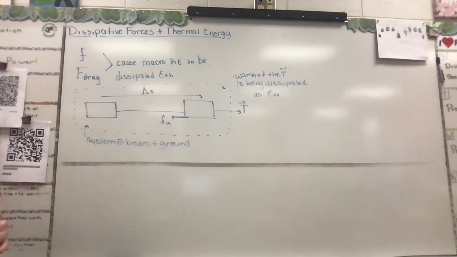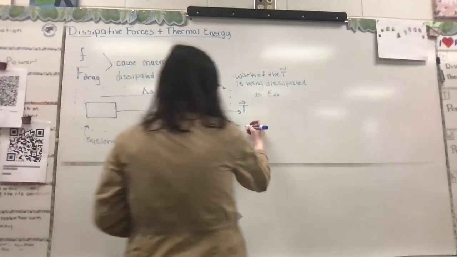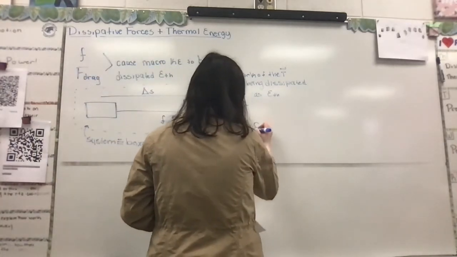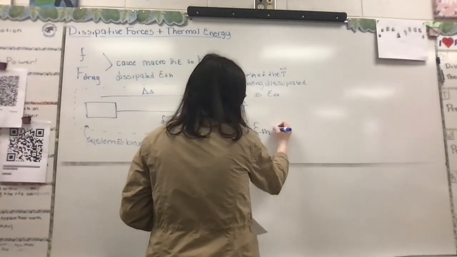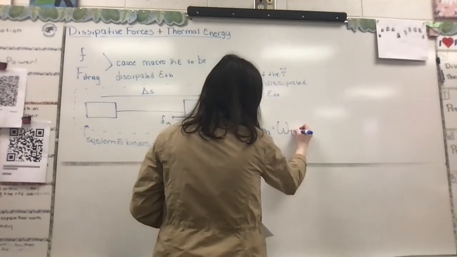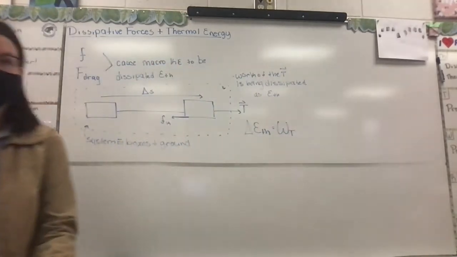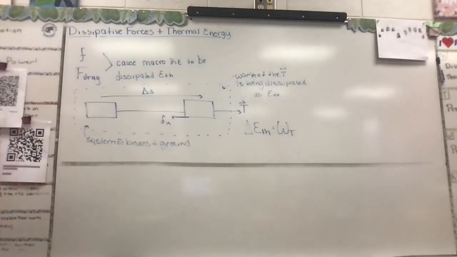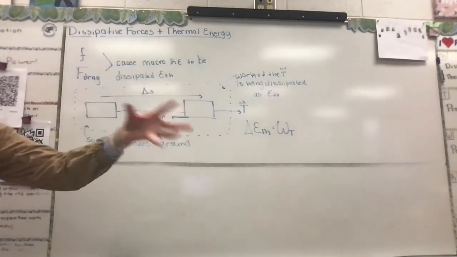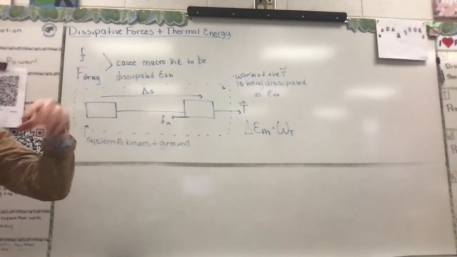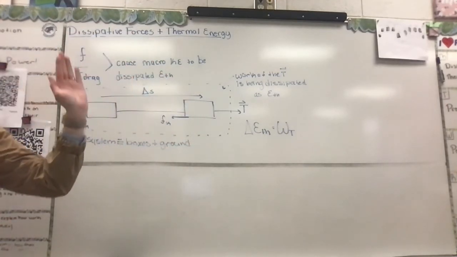So in this situation, we would be able to say that the change in the thermal energy is equal to the work done by our tension. And since earlier when we talked about work, we said that work is what times what?